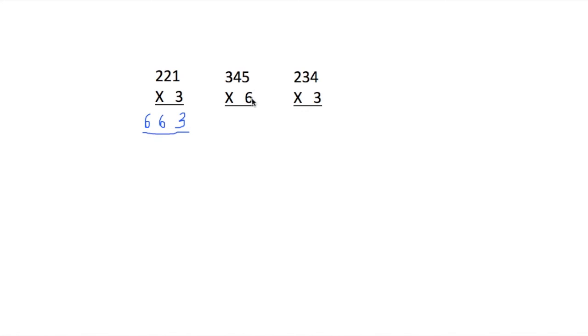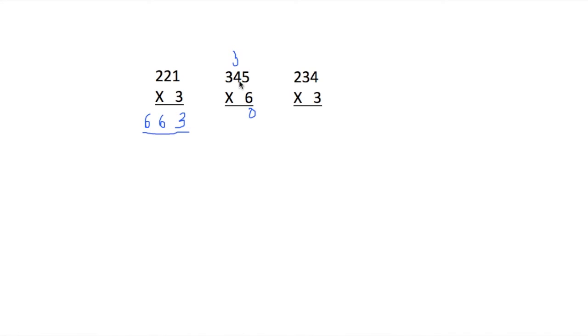6 times 5 is our equation. So 6 times 5 equals 30, because we're doing 6 plus 6 plus 6 plus 6 plus 6, 5 times, so 30. So instead of putting 30 here, we're going to put the 0 and carry the 3 right here, like addition.